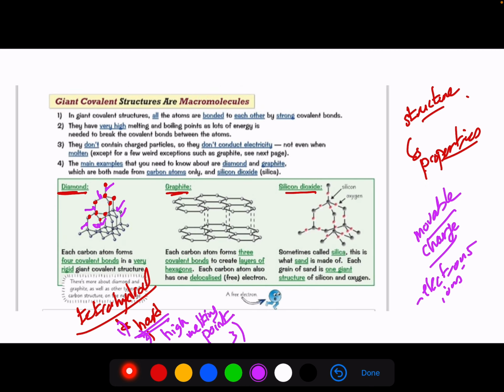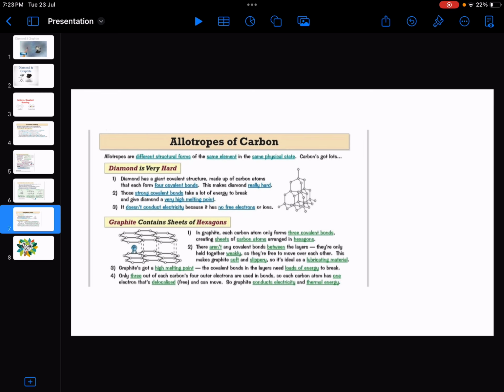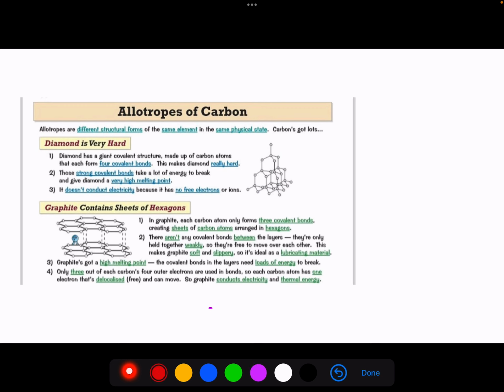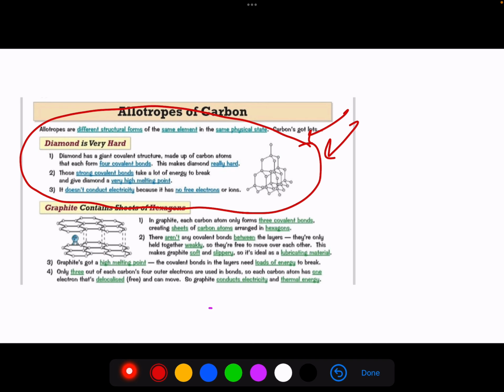In this case, where you see carbon atoms are covalently bonded, I don't see any ions, and I don't see any free electrons. So that's why, again, common sense, diamond won't conduct electricity. Guys, that's what's stated here. So you really don't need to memorize or learn that, because that's already common sense, it goes without saying.